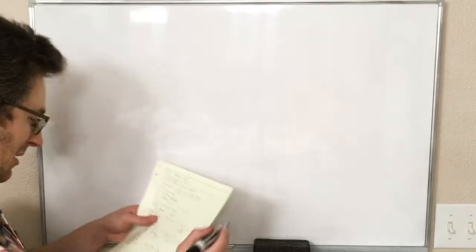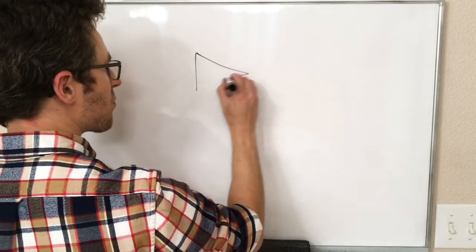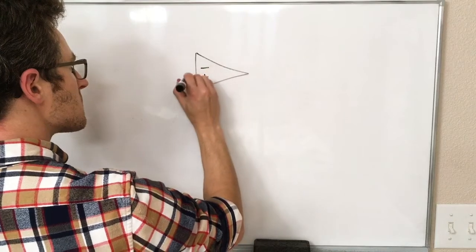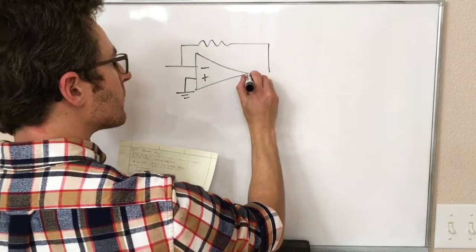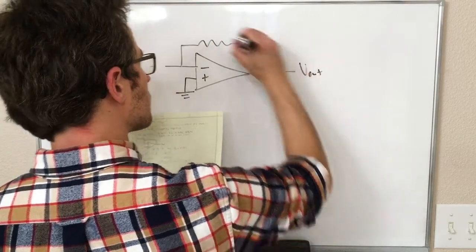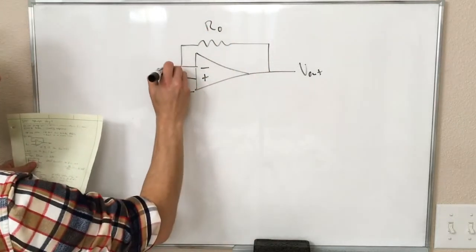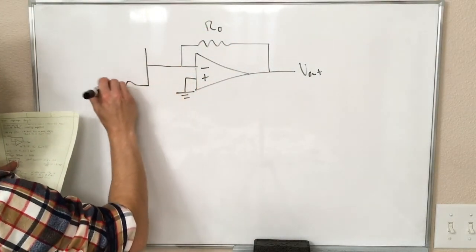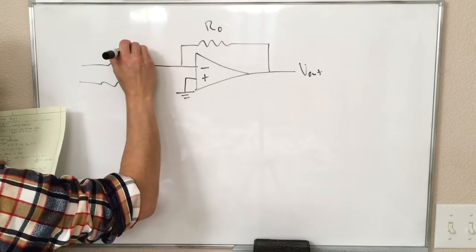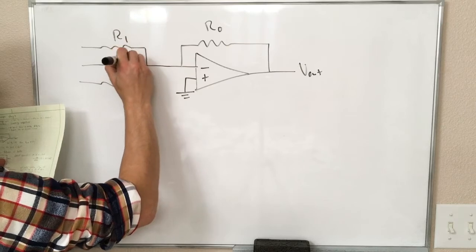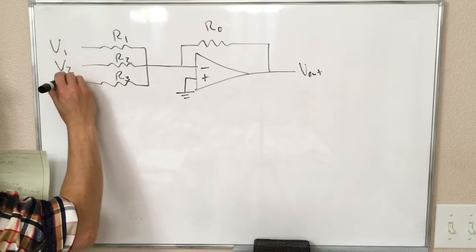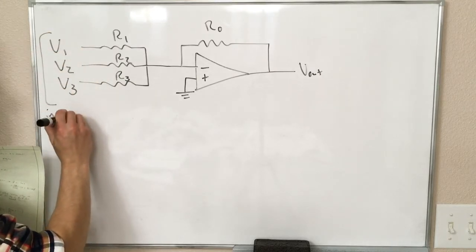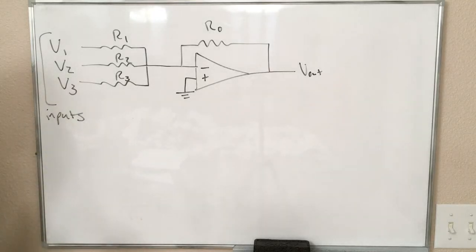The last op-amp circuit is the following. Here we have a circuit with 3 different voltage inputs, V1, V2, and V3.